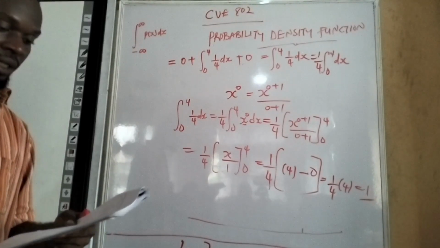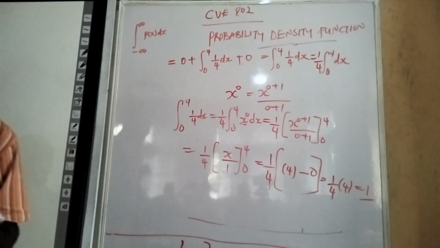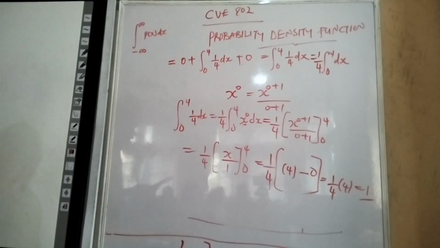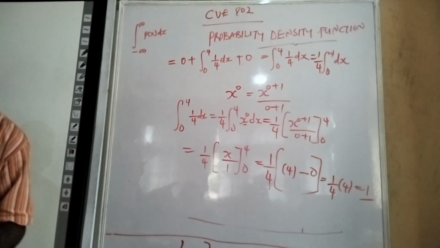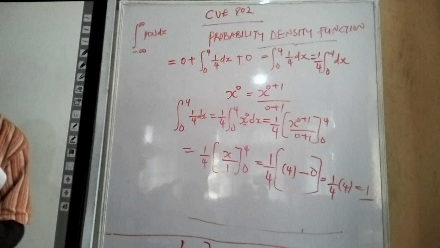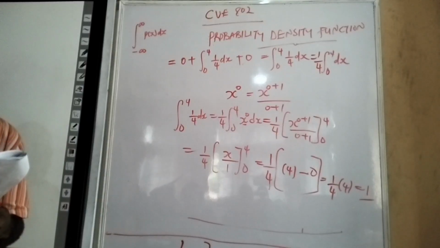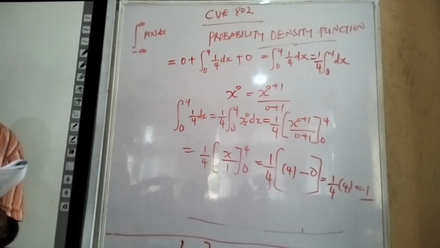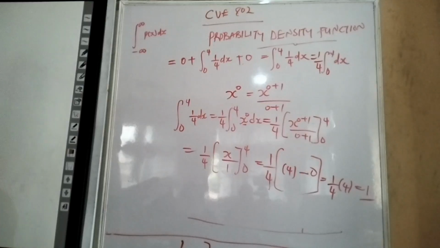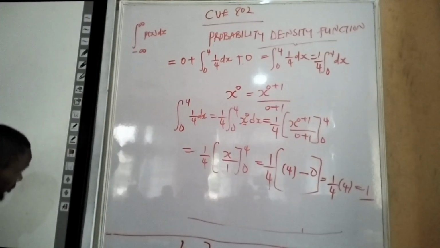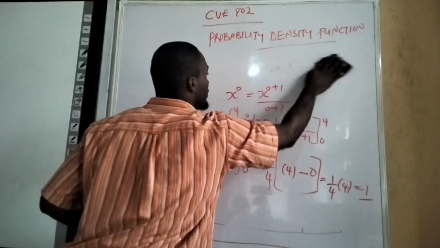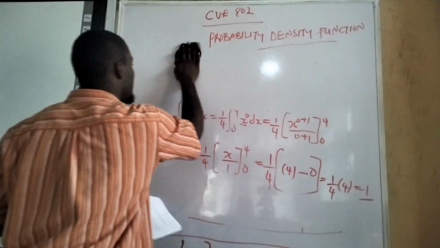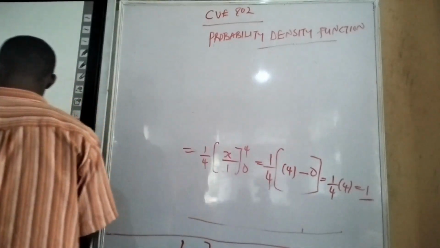So on page 20, it says in the example, if x is a continuous variable whose probability density function is this, we should find the following. The first thing to do is to check if it is continuous.